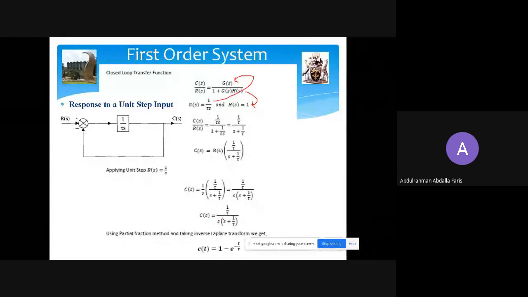But from the tables of Laplace transform, you can't find something like this to convert it back to the time domain. So we use the partial fraction method to split this, and then later take the inverse Laplace transform. Once we do that, we end up with our time domain response as 1 minus e to the minus t over tau.